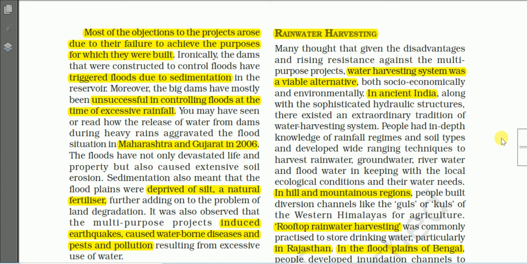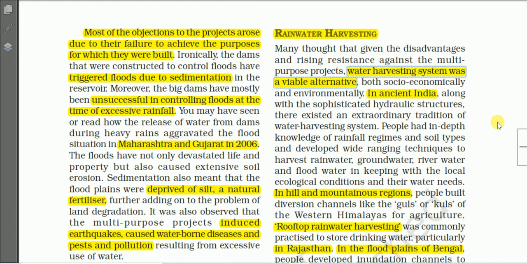But rainwater harvesting is a viable alternative to the multipurpose projects, because we can do rainwater harvesting at the household level also. We can do it in our own houses.